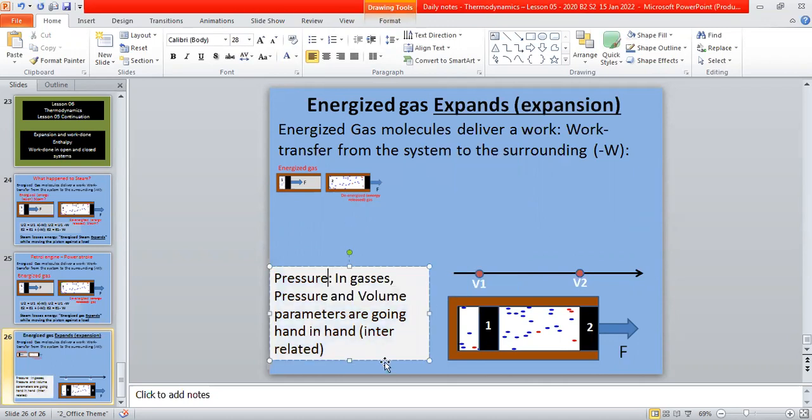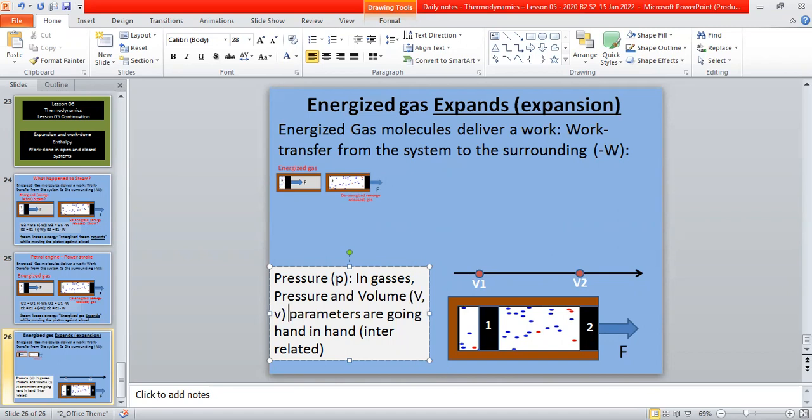Pressure, but I denote it with the symbol P. P, small or simple P. This is how we denote pressure. Volume. We can say volume, big V and small v.